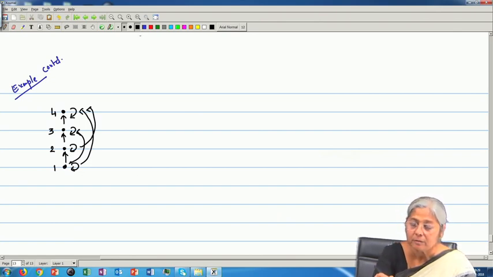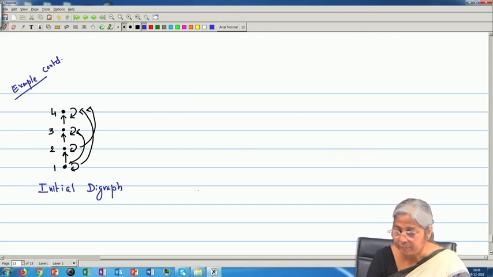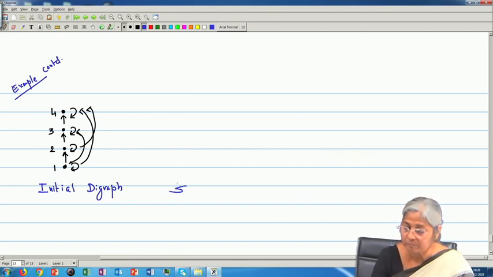So, this is my initial digraph. Then what will be my step 1? We first drop all the loops. So, we drop all the loops.